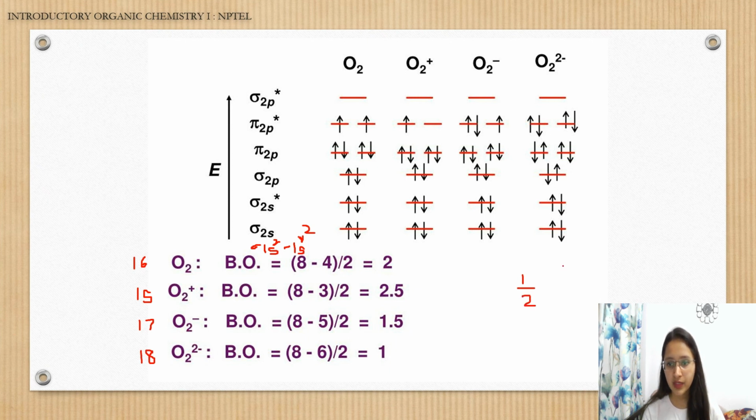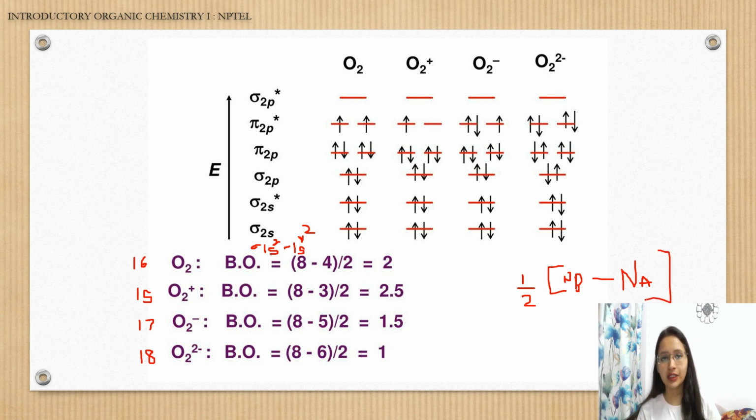The basic formula of bond order is the number of bonding electrons minus the number of antibonding electrons, divided by 2. So you have to calculate the number of bonding electrons and the number of antibonding electrons.